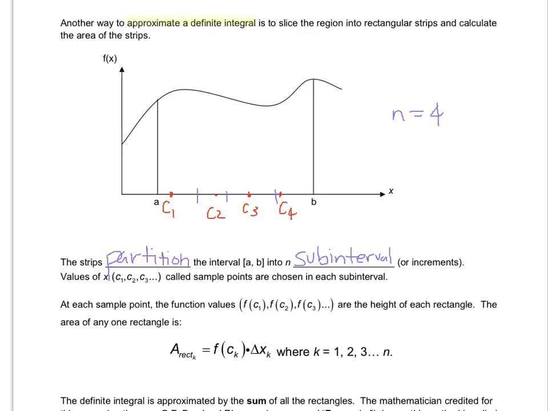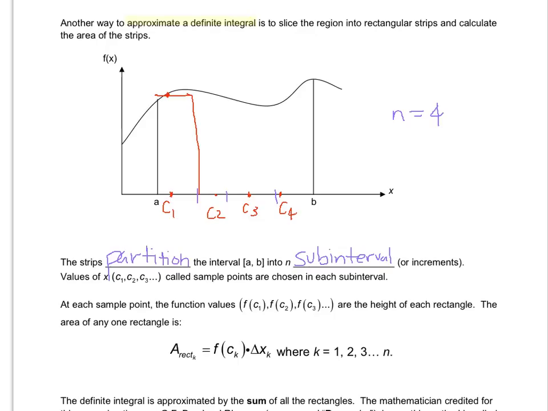All right, so within that first sub-interval, C1 is my sample x coordinate, and we're going to create a rectangle that goes all the way up to the function. So this is going to be f of C1, which would be right about here. And we're going to create the height of that rectangle using that function value. And we'll pretend that that's a vertical line. We're going to do the same thing at C2.